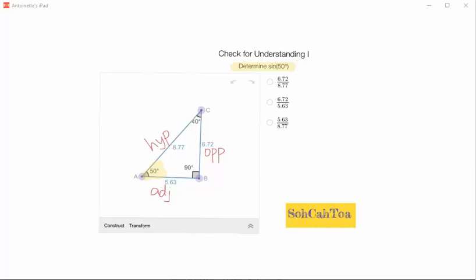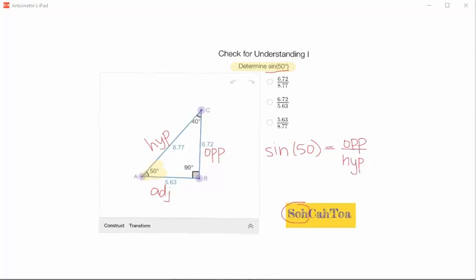If I'm asked to find sine of 50 degrees, I think about SOHCAHTOA. SOHCAHTOA is a way for us to remember for sine, cosine, and tangent how we set up that ratio. So sine of 50 degrees is going to be a ratio of the opposite side over the hypotenuse.